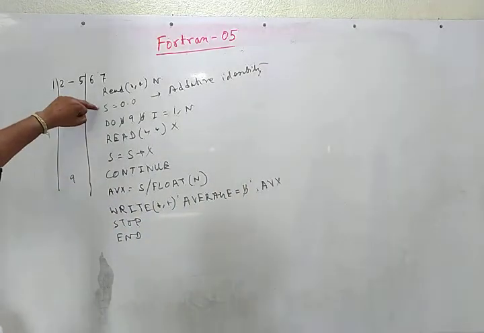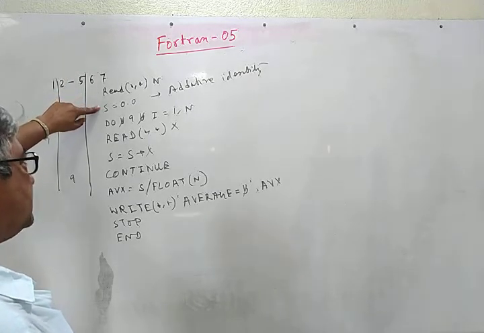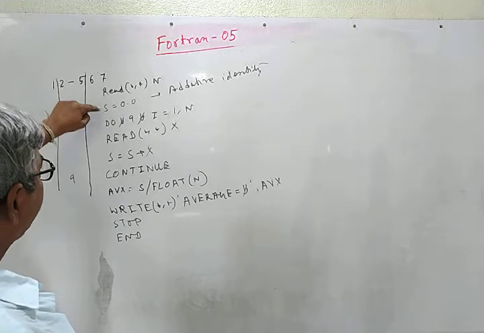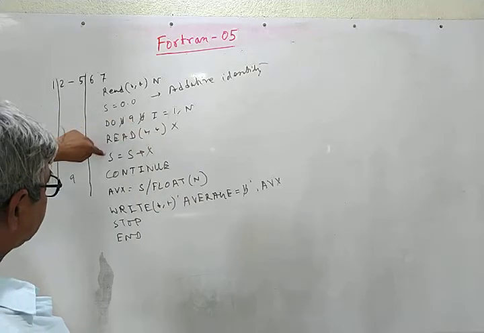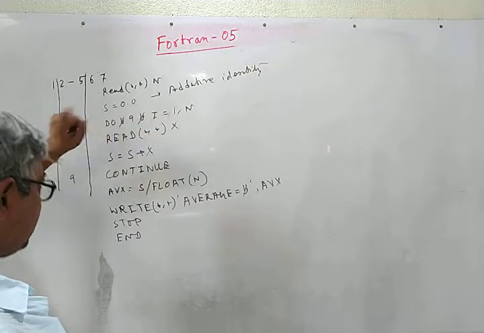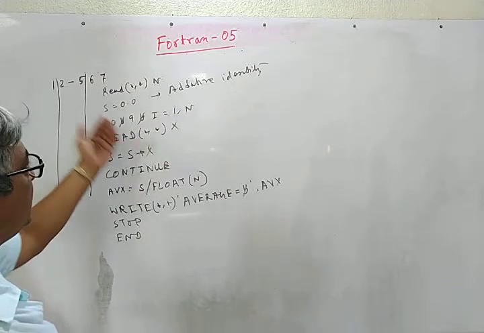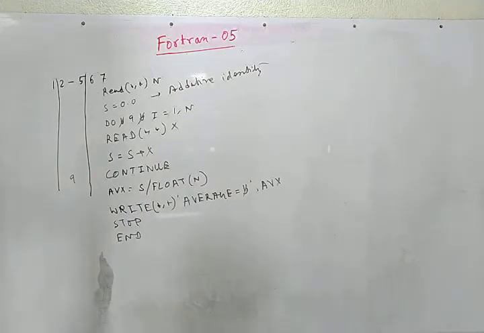This is called the initialization. If you do not do this initialization, the program may give you wrong result. So in first step, s is 0, so it is x1, so the s is x1. In the next step, s is x1, so x1 is added to x2, so the result is x1 plus x2. This operation is perfectly automatic.